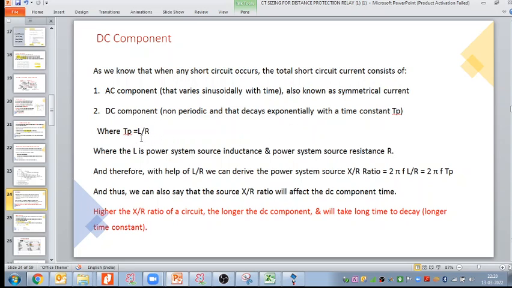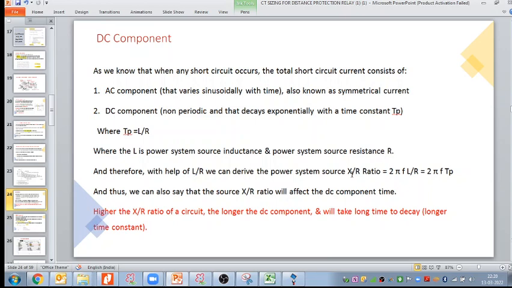The time constant depends on the L and R of the system, where L is the power system source inductance and R is the power system source resistance. With the help of L by R we can derive the power system source X by R ratio.